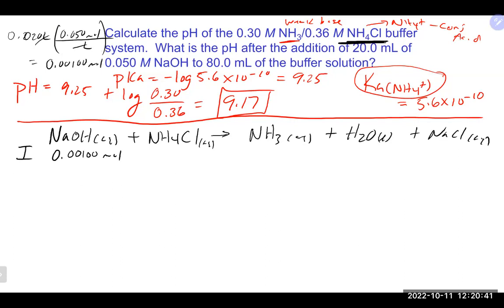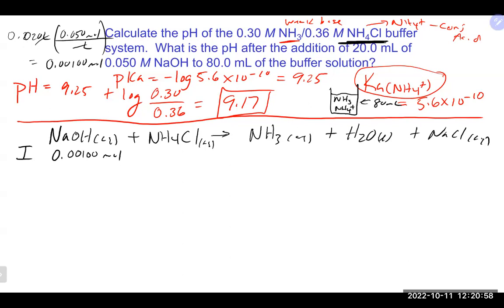We'll do the same thing for our ammonium chloride. Now, mind you, at this point we have a buffer, right? That is 80 milliliters, and both the NH3 and the NH4 plus are in there, so the volume is the same for both.